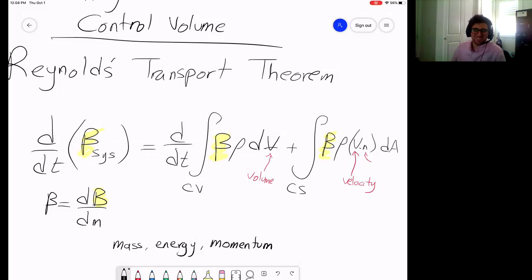If I ask you what's the first law of thermodynamics, how would you answer? That is conservation of energy. It's just a different name, right?